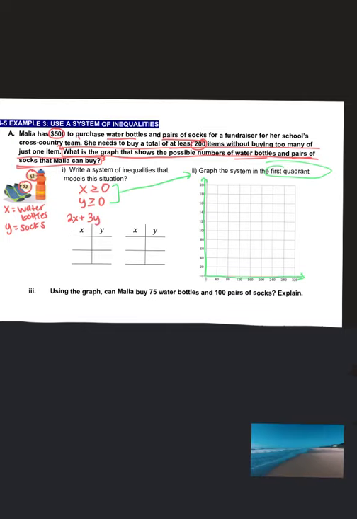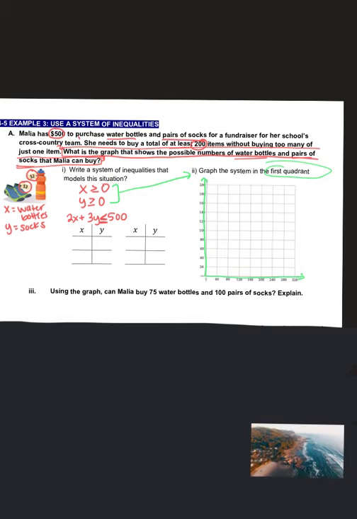She has $500 to spend and she cannot go over that. So that means that this 500 has to be a maximum. So the alligator has to eat the bigger number, but she can also spend exactly 500. So we'll put a less than or equal to sign there.